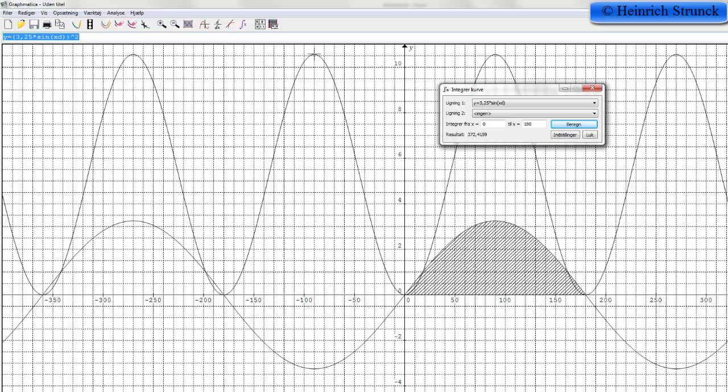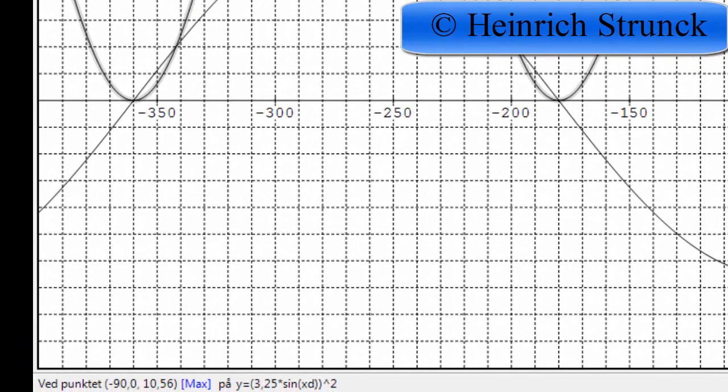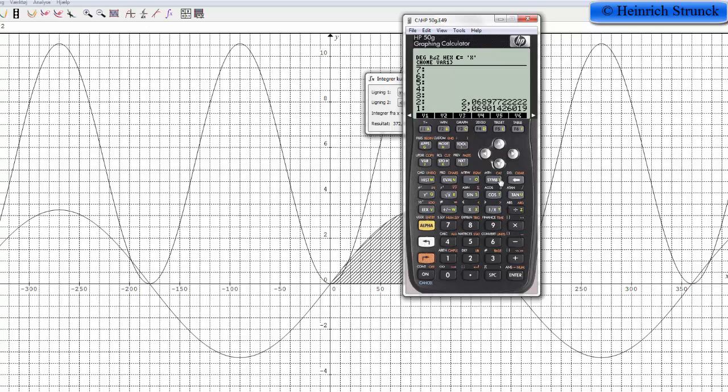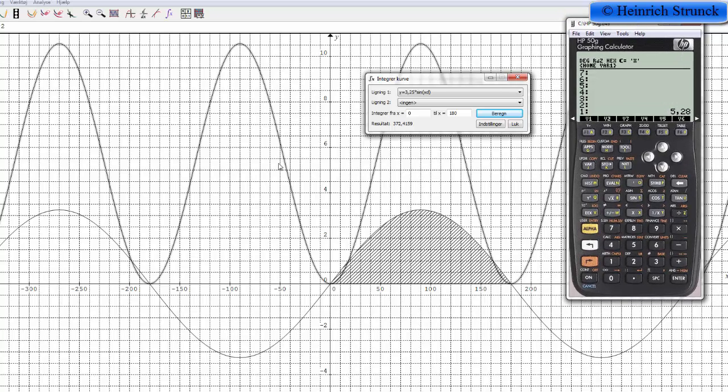We can see up here the maximum is 10.56, and for the half, you can just use a calculator. 10.56, take the half is 5.28. So we think that the average value for the power should be 5.28.